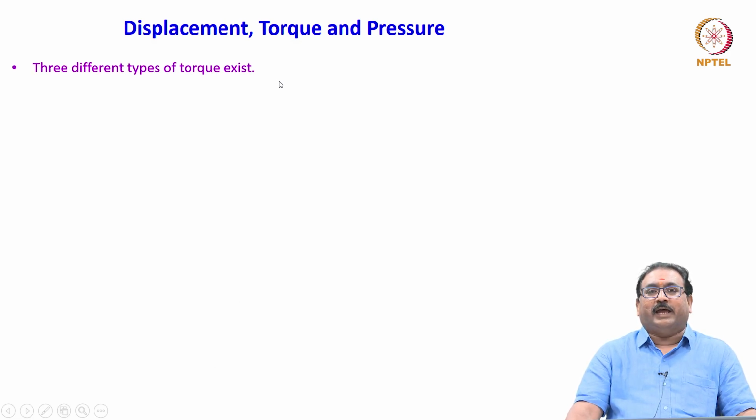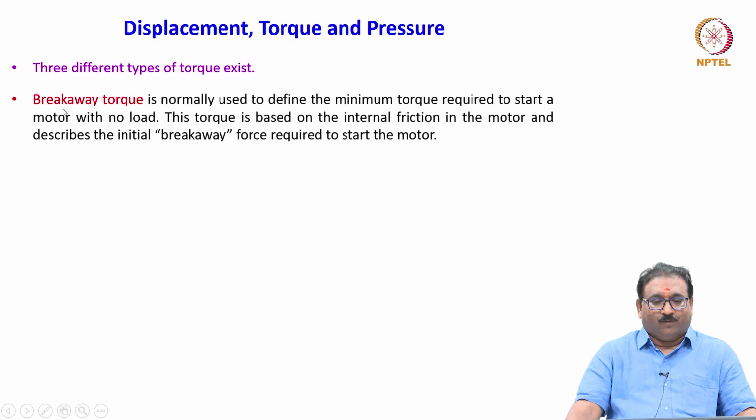Three types of torque exist. One is breakaway torque, normally used to define the minimum torque required to start a motor with no load. This torque is based on the internal friction of the motor and describes the initial breakaway force required to start the motor.